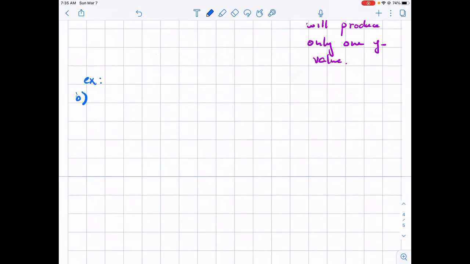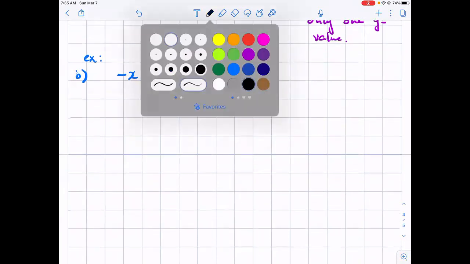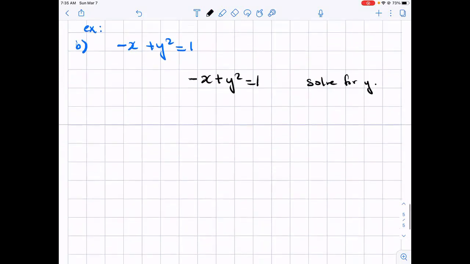How about if we have minus x plus y squared is equal to 1. So we want to solve for y. Let's solve for y because we want to see if it's a function of x.